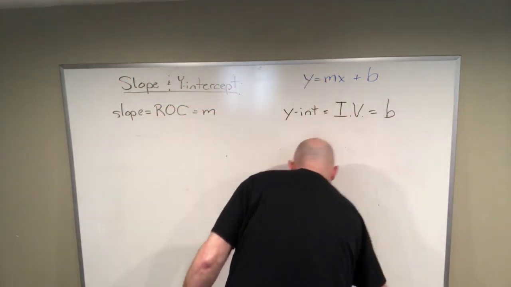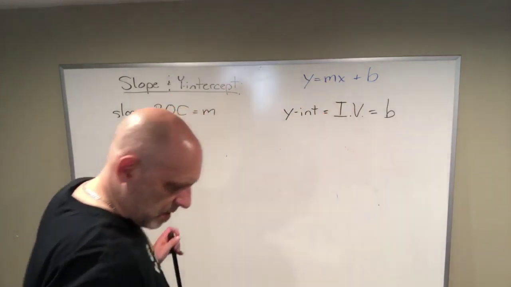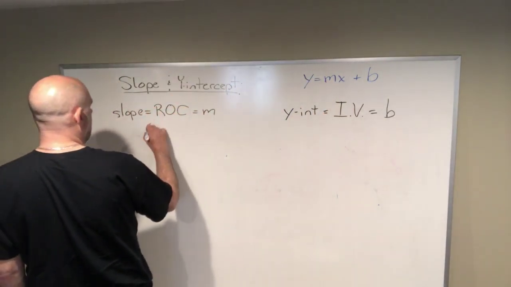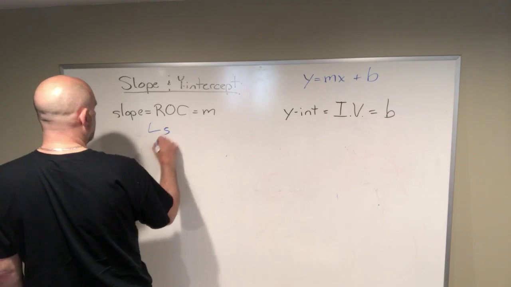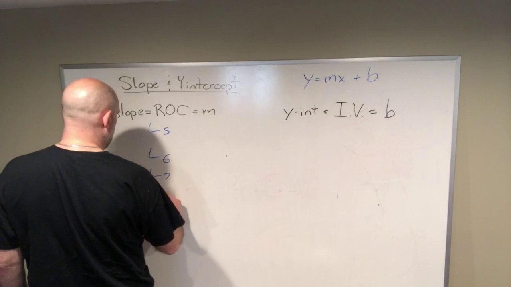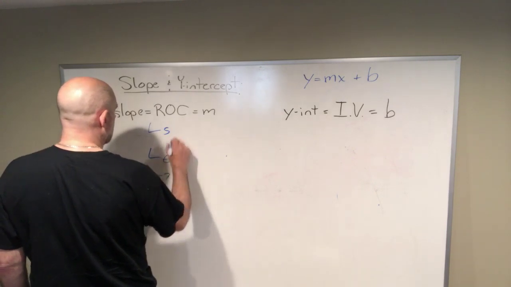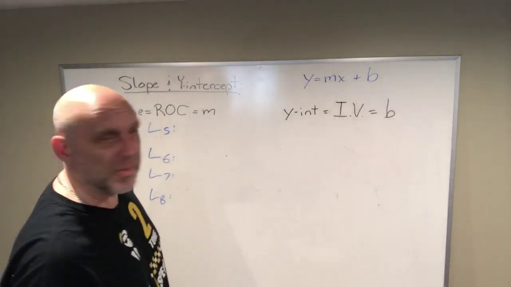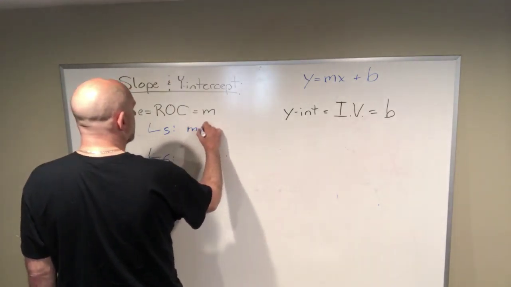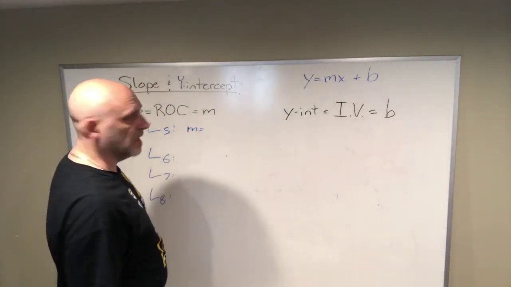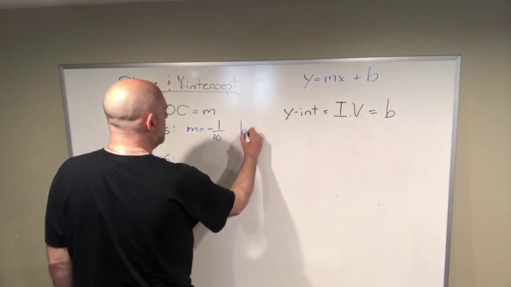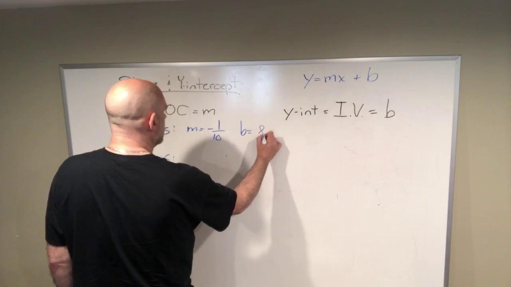Okay, so now I've got L5, L6, L7, L8. L meaning line, we got them numbered. So with L5, I say the slope is -1/10. I say B is 8.